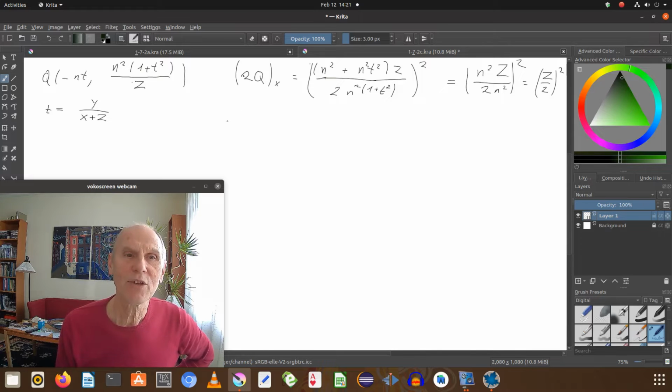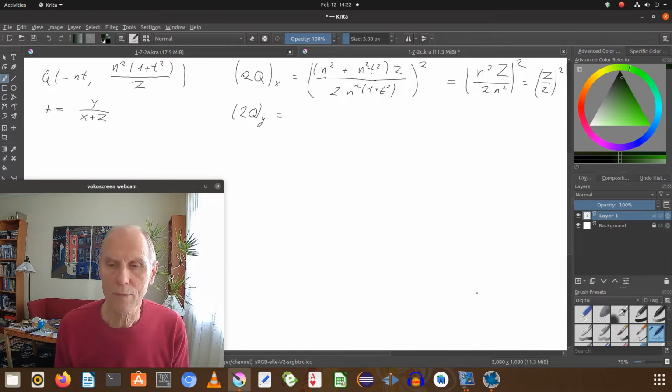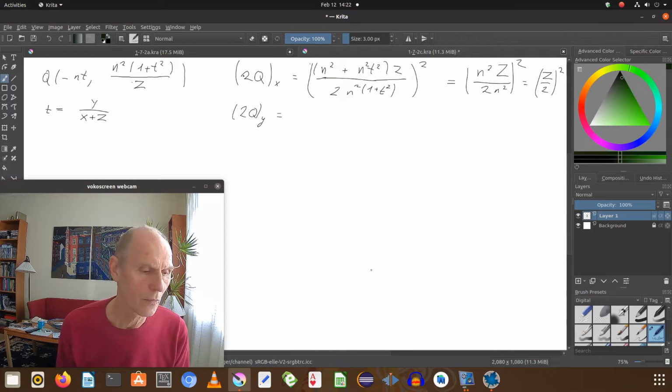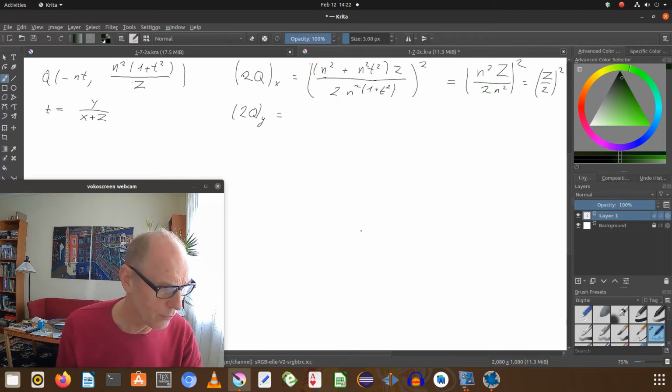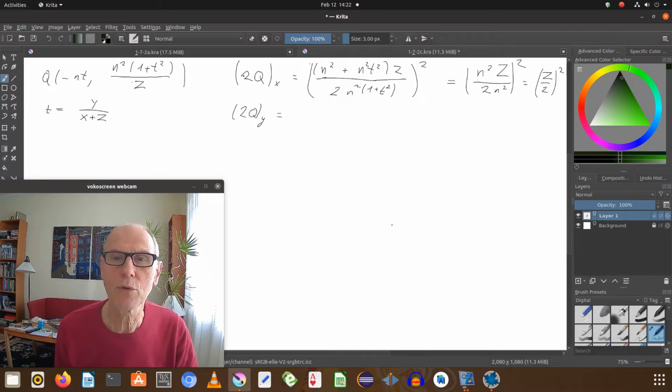Now for the y value, I've been using the formula 7.3 all the way through, so no reduction there.